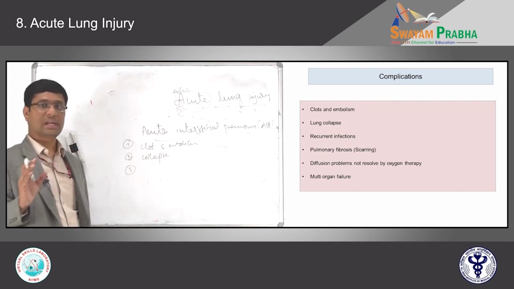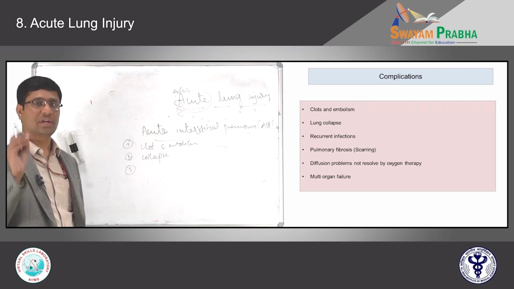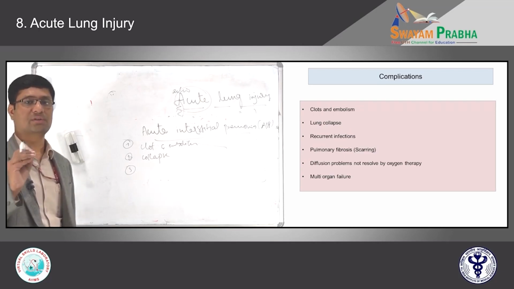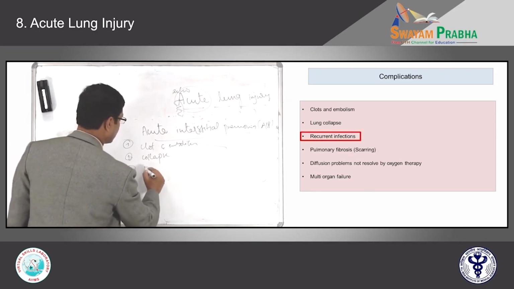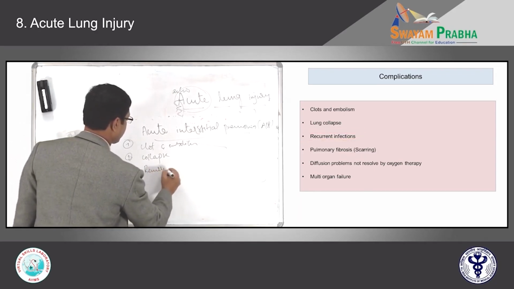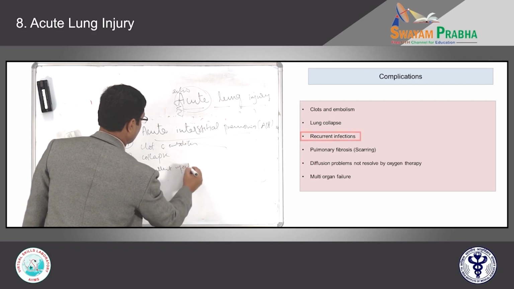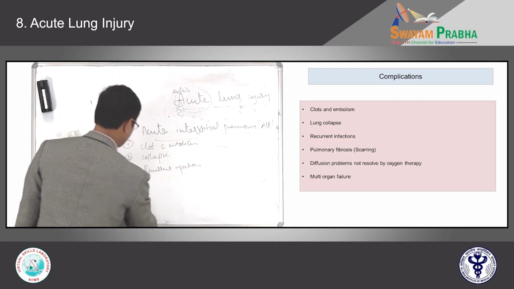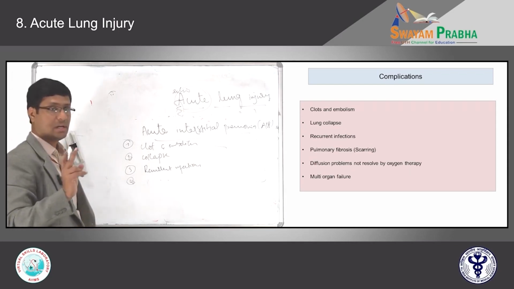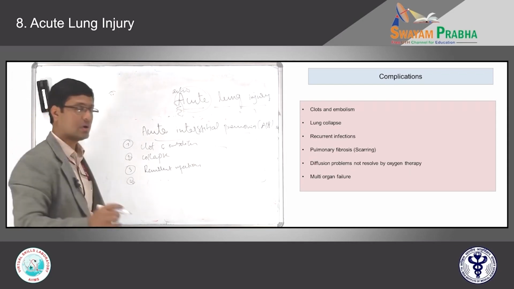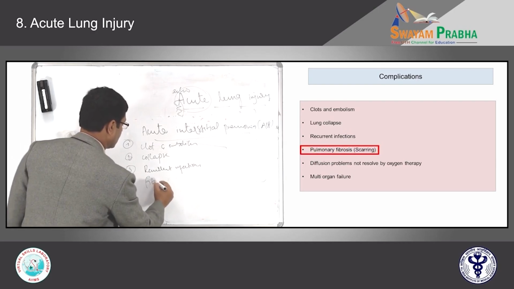Whenever there is an airless lung or any damage, any foreign material accumulated in the alveolar lumen, they are more prone to recurrent infections. Ultimately, in the end stage, late stage, if the whole lung is involved, there is a fibrotic scar.